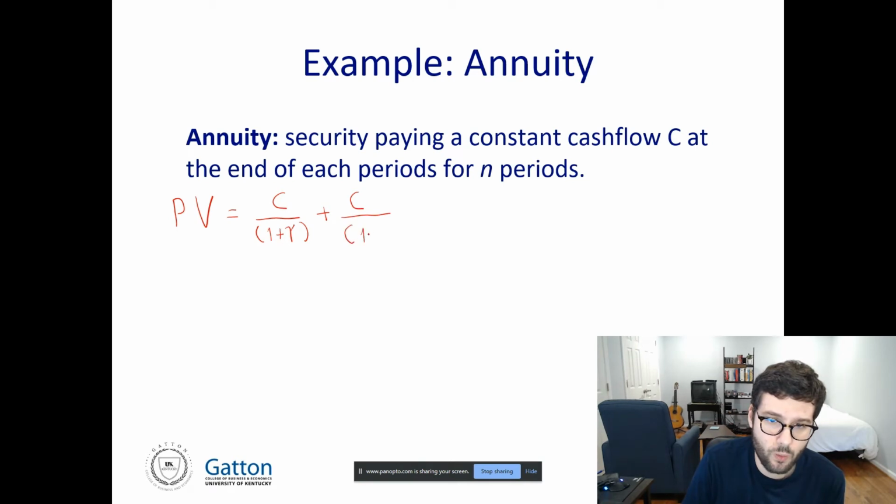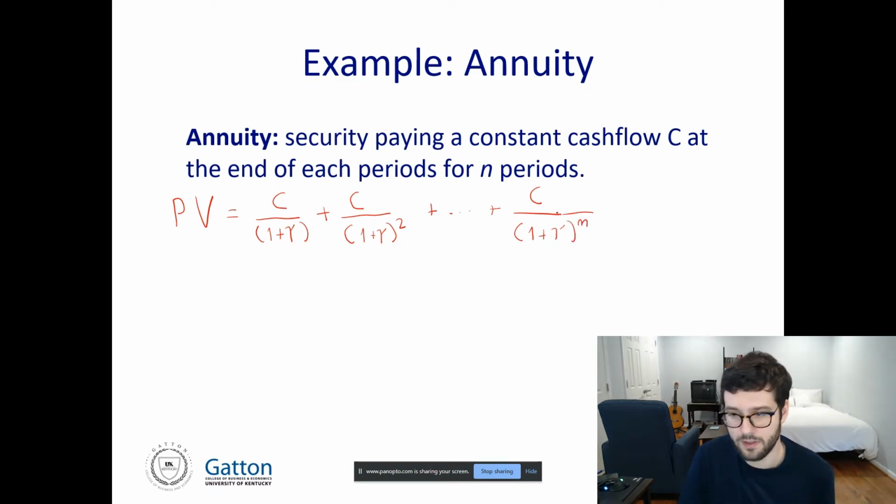We divide that by 1 plus R squared, and we have n terms, C over 1 plus R to the power n. Okay, so this is going to represent the last payment.